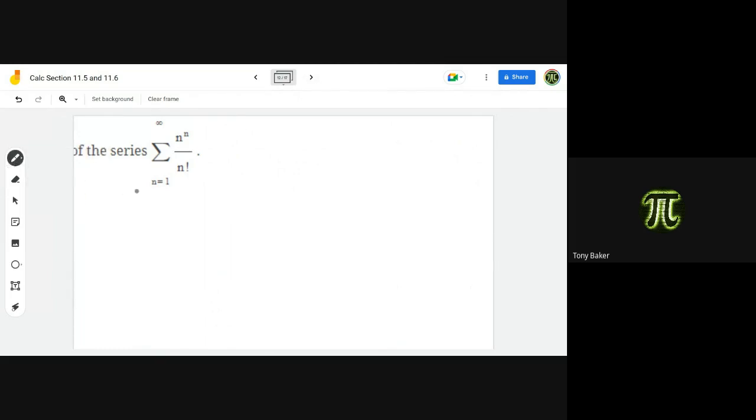So we're going to do the ratio. So we have (n plus 1) to the n plus 1 over (n plus 1) factorial, divided by n to the n over n factorial.